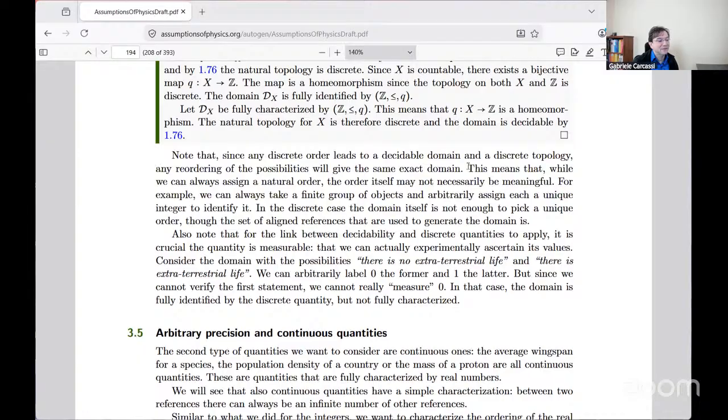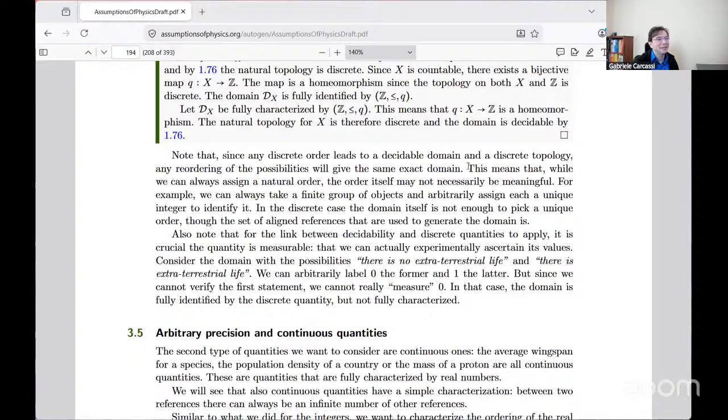The fact that you have a distance function that generates the topology doesn't mean that you can recover the distance function from the topology. In fact, on the reals, any distance will generate the same topology, and so you can change your distance and you still have the same topology.